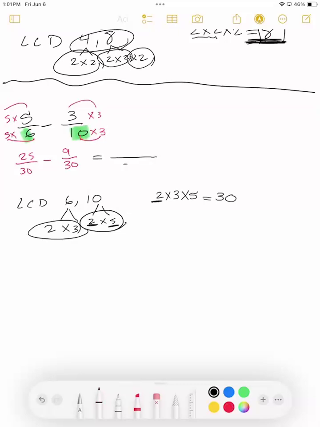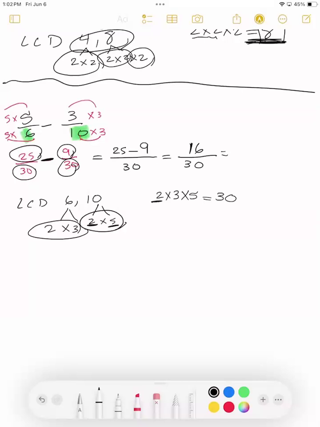Now I can write one of the denominators and then write the numerator, which is 25 take away 9. 25 minus 9 is 16. And then 16 and 30 can be reduced.